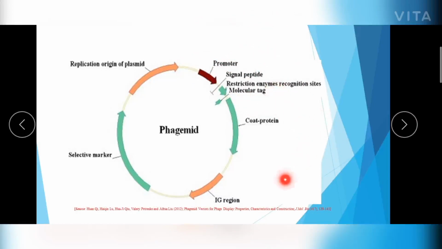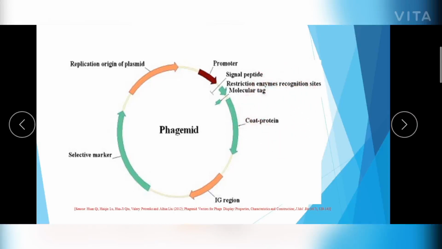Due to the presence of the replicons of both the plasmid and the phage, when the plasmid replicon is activated, it promotes double stranded replication. When the origin of replication of the phage is activated, the phagemid vector switches to single stranded replication, and later these DNA molecules are packed by the coat proteins to release viable phage particles.